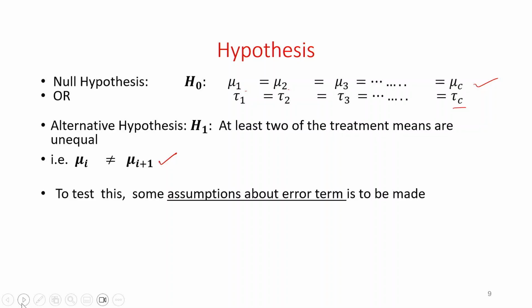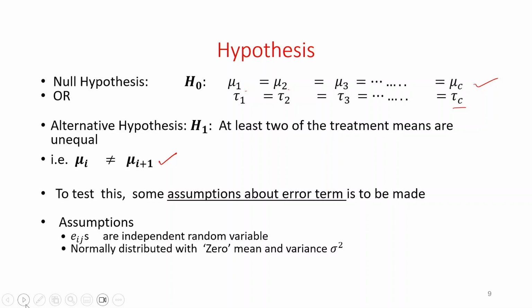To test this, some assumptions about the error term have to be made. And what are the assumptions? One is that the e_ij's, that is the errors, are independent random variables. This is one assumption we have to make.